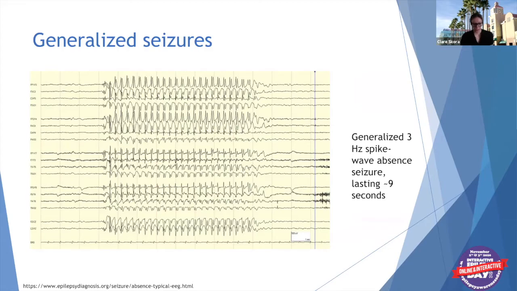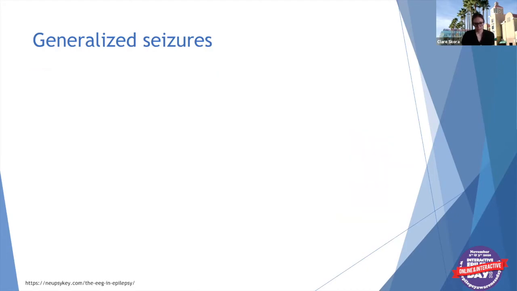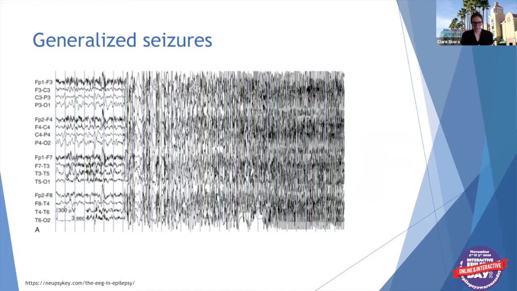Typically, on a routine EEG, we don't expect to get other types of generalized seizures, such as generalized tonic-clonic seizures. But to give you a sense of what those look like, if your child, for example, has been admitted to the epilepsy monitoring unit and we're trying to provoke seizures and we want to see what they look like on EEG, this is an example of a generalized tonic-clonic seizure, which starts all of a sudden right here. And it's honestly even difficult to see.